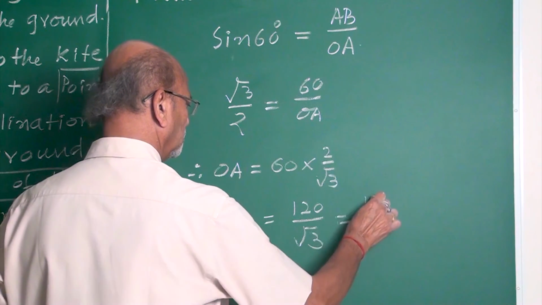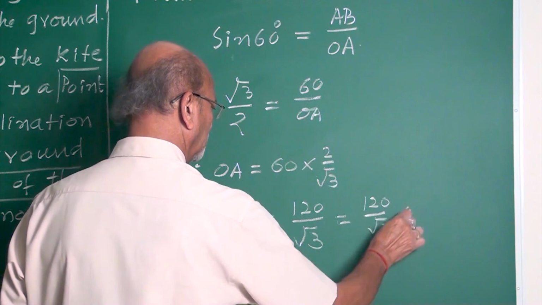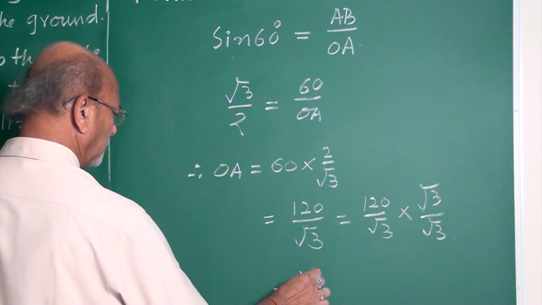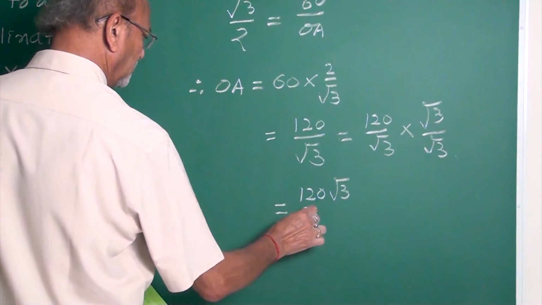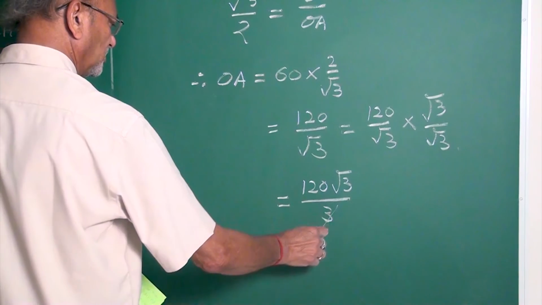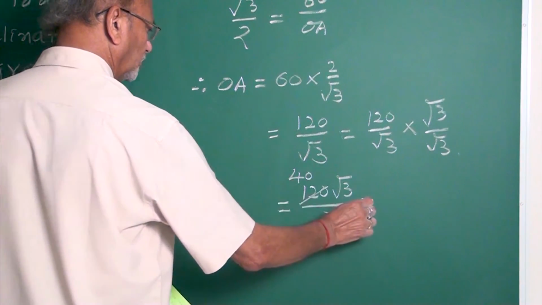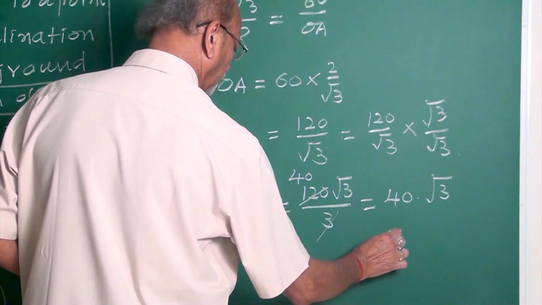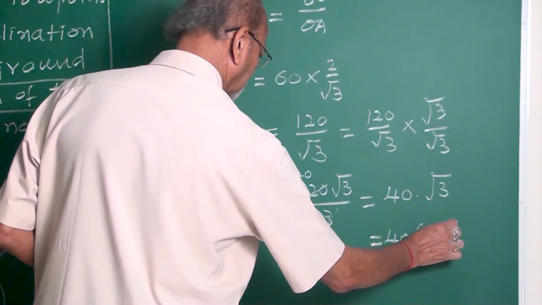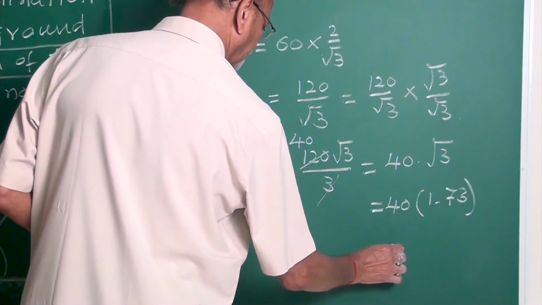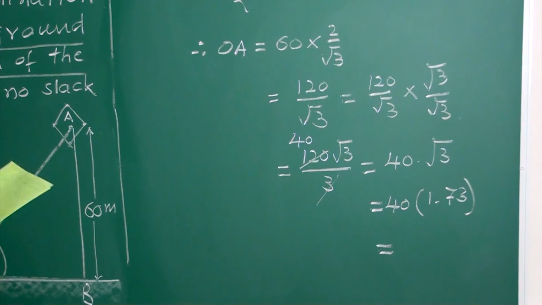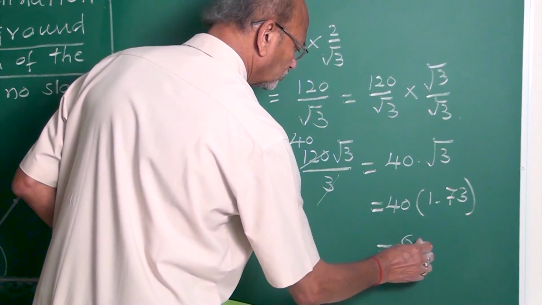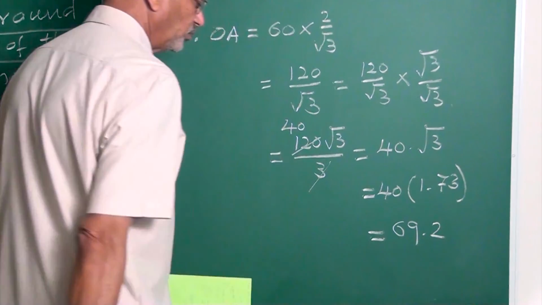Multiplying and dividing by root 3, we get 120 root 3 upon 3, cancellation, which is 40 root 3. The value of root 3 is 1.73. If you simplify this, you get 69.2.